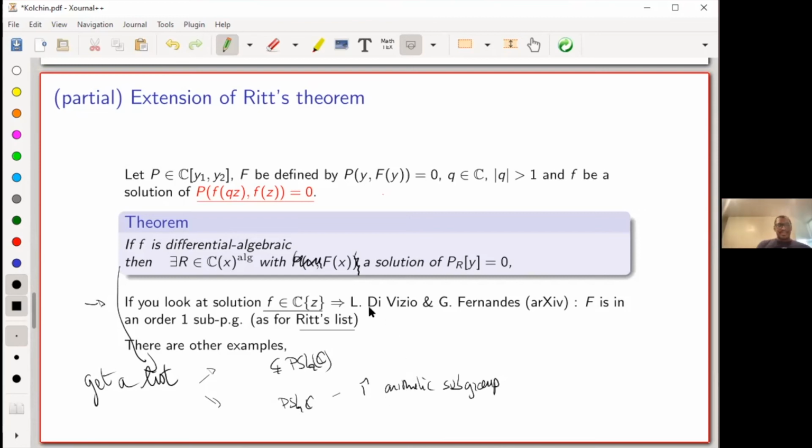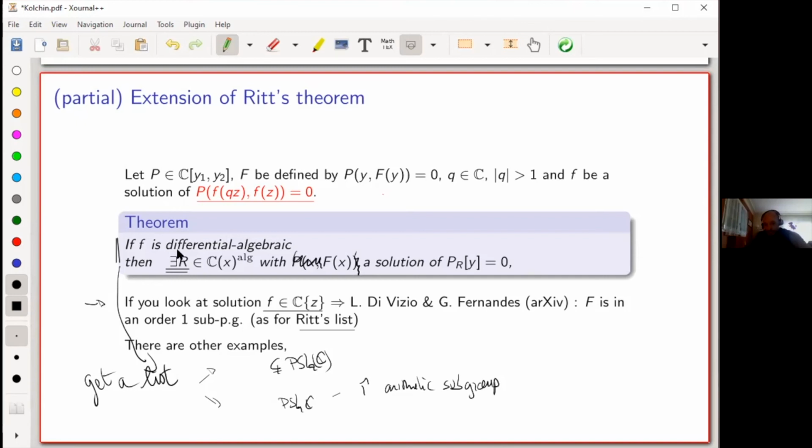So it has to be arithmetic. So we want a list. But there exists R, and you have no information on R. From the way I prove that, I have strictly no information on R. I cannot say anything about order of poles, ramification, all this.